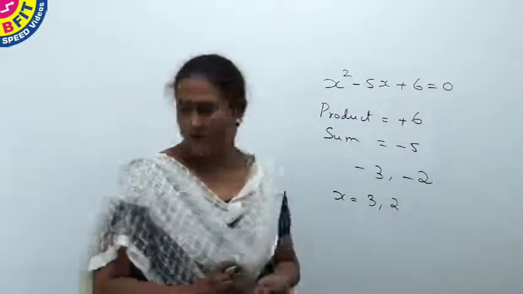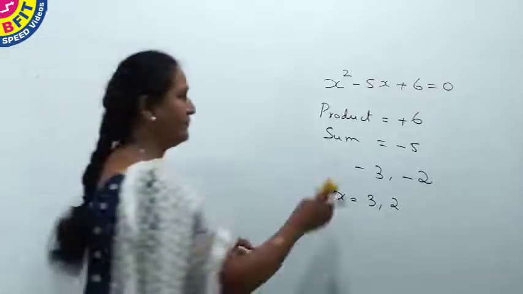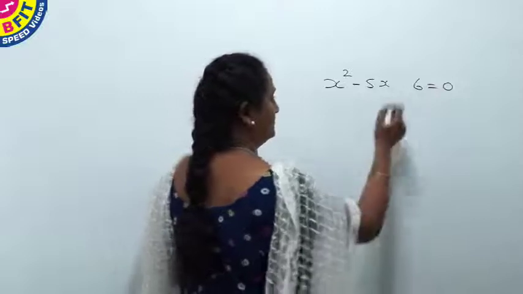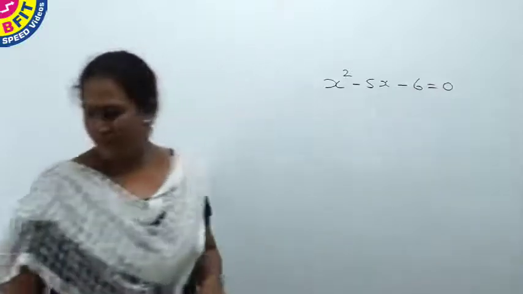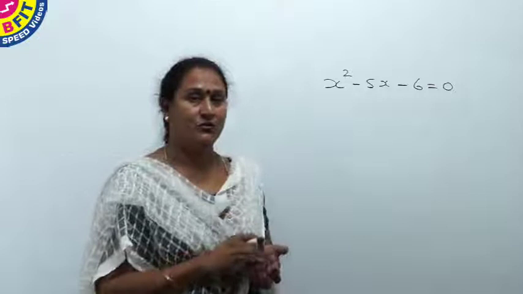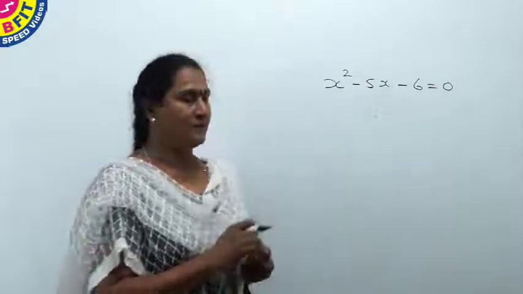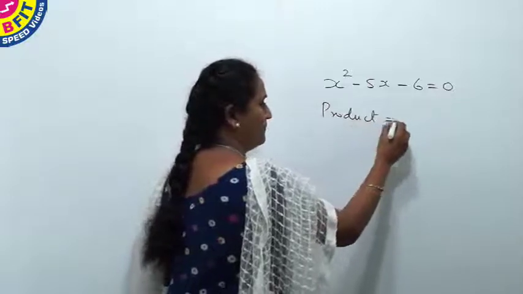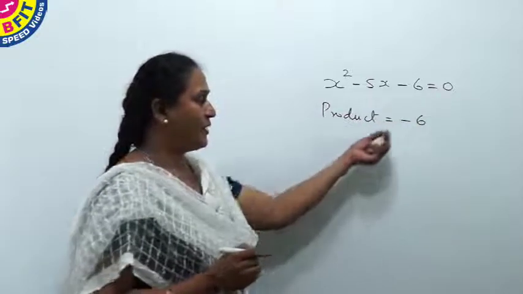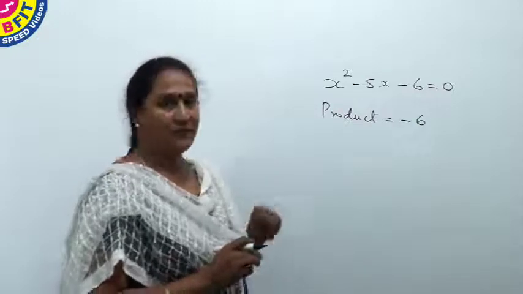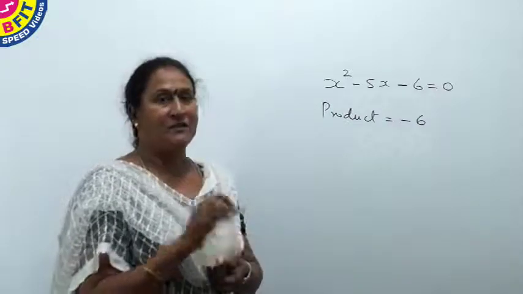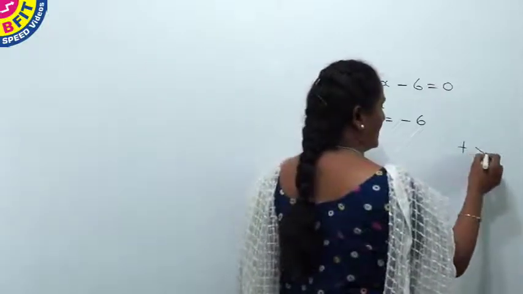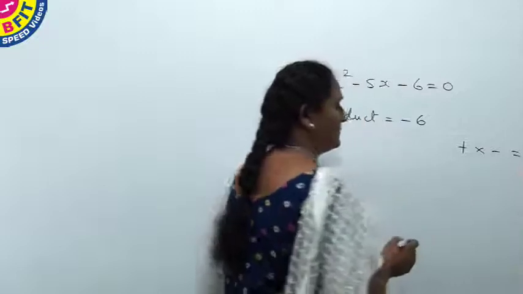Now suppose you have minus 6. You have to choose two numbers whose product is minus 6. Product minus implies that of the numbers you choose, one takes a positive sign and the other a negative sign, because plus into minus ends up with minus.